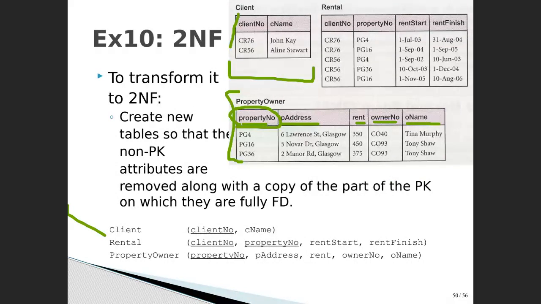Now, what remains here? The rental: client number, property number, rent start, rent finish. Client number and property number are keys. So what remains from that relation is rent start and rent finish. We can see that the key, client number and property number, are both determinants for rent start and rent finish. So they keep them with the primary key. All right.